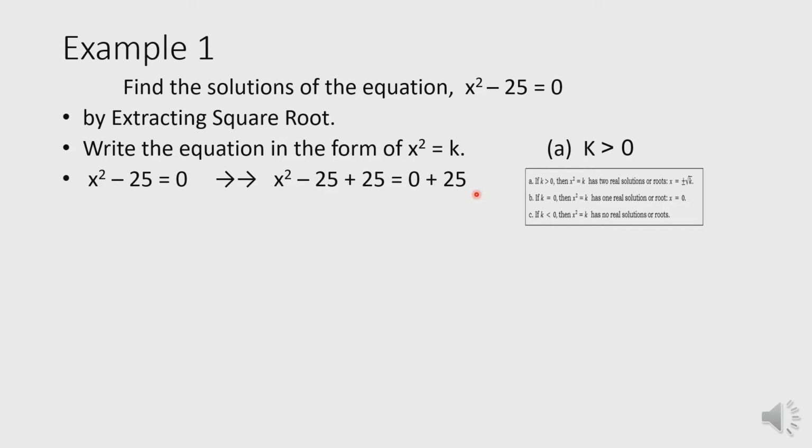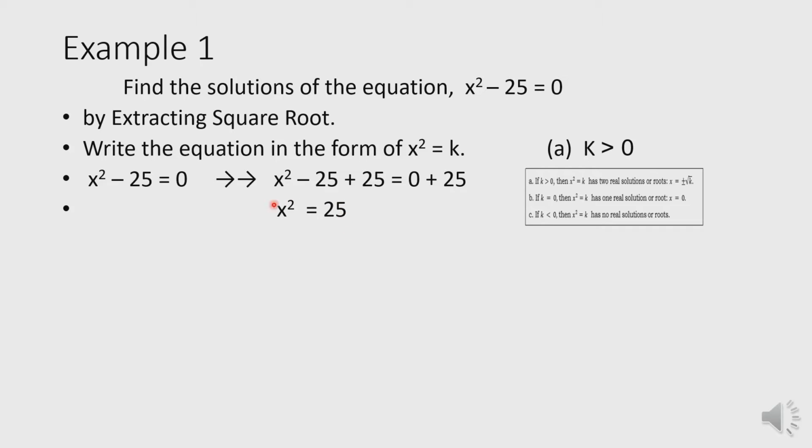Applying the addition property of equality, adding both sides of the equation by 25, for you to have an equation of x squared is equal to 25. This 25 here is our k, where k should be greater than 0.